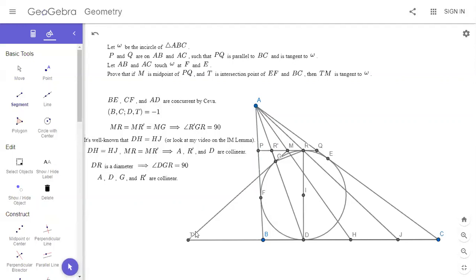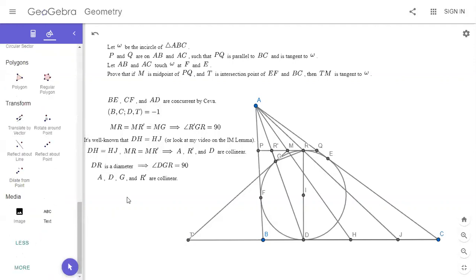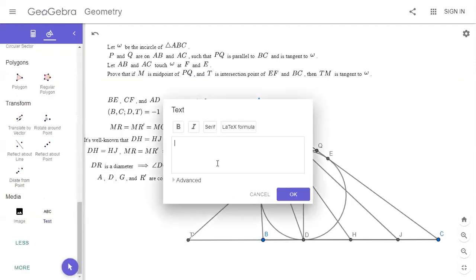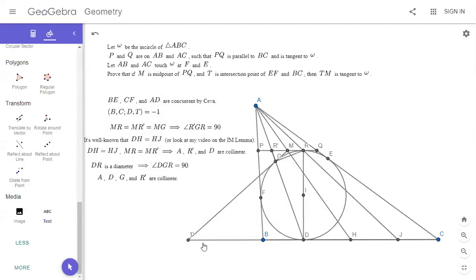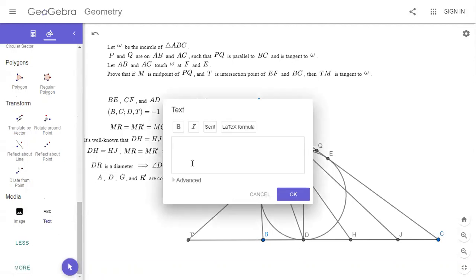And so if that's true, that means T prime lies on the polar of A, since T prime G and T prime D are tangent to the circle. All right. And that means that A lies on the polar of B.